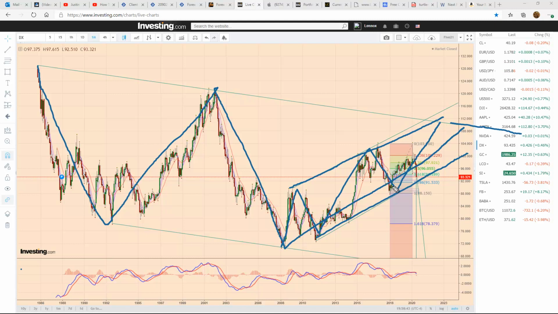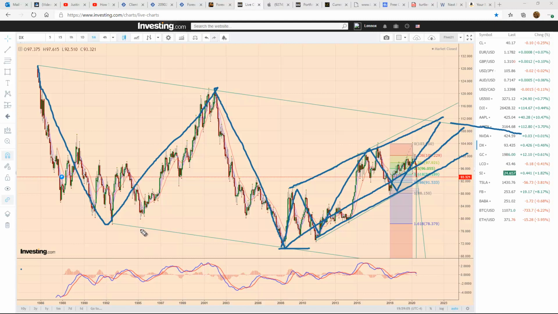However, this is the monthly time frame. This could take years to play out. You can see from this low in 2008, we haven't reached the top of the channel, and we're now in 2020. So that's 12 years later, and we're getting there, but we're nowhere near the top at this point.